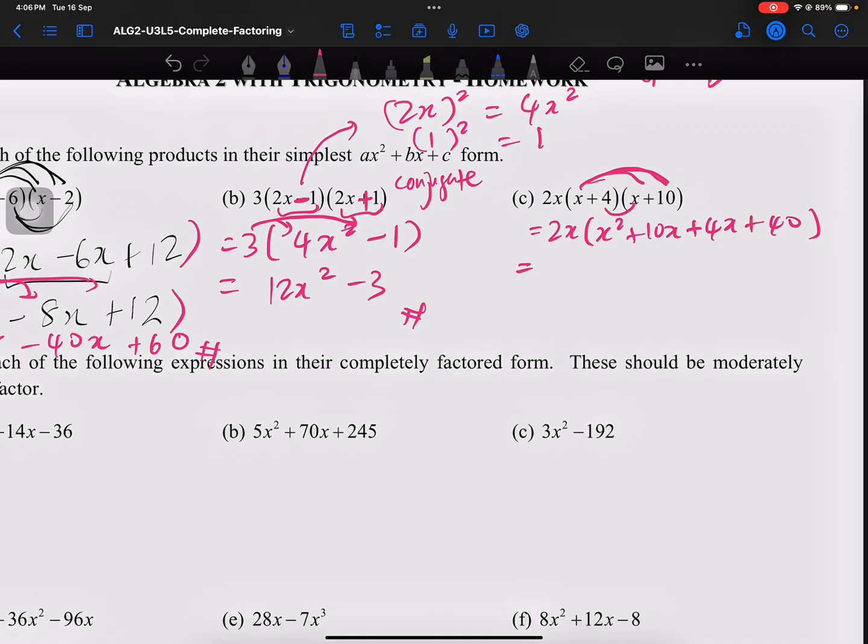Then you combine the like terms, x squared plus 14x plus 40, and then you expand 2x inside. So 2x cubed, this is x1 multiply x2 is x cubed, plus 28x squared plus 80x.